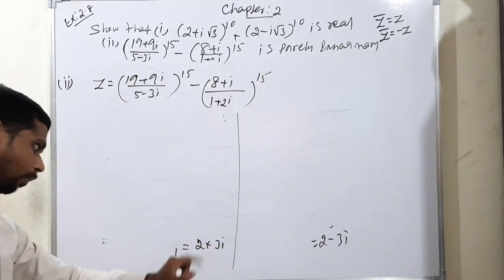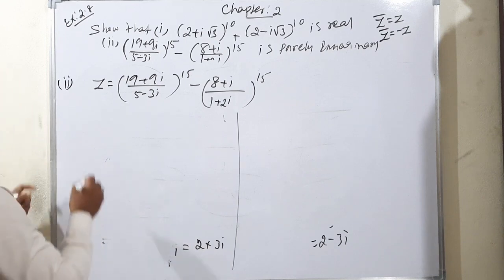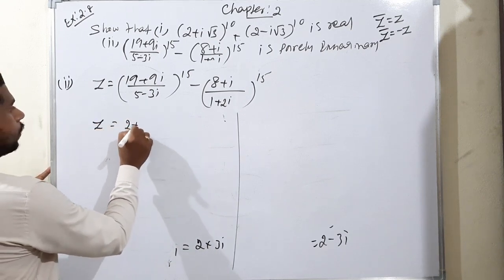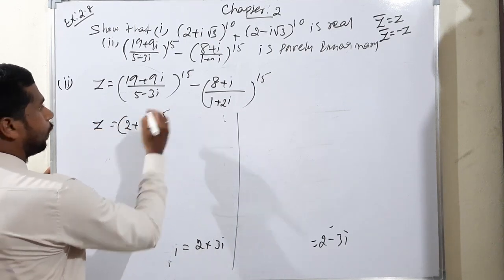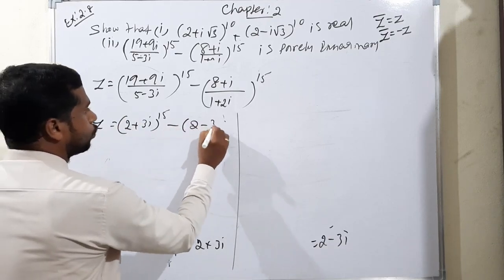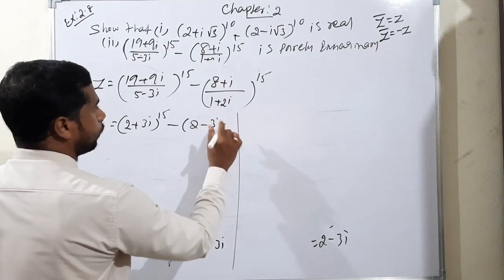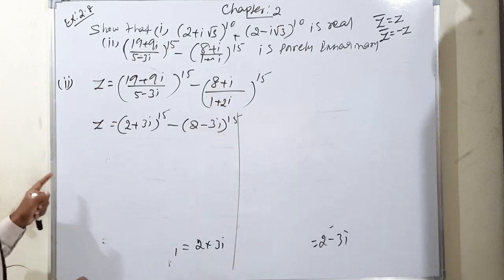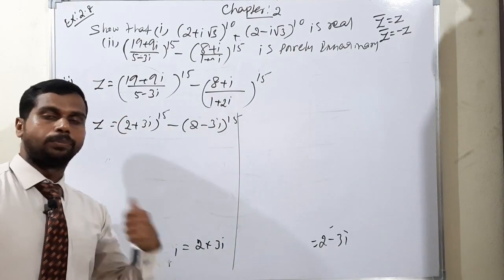First answer already we found, 2 plus 3i, isn't it? So how to rewrite now? 2 plus 3i the whole power 15 minus of 2 minus 3i the whole power 15. Again the same concept like subdivision 1.